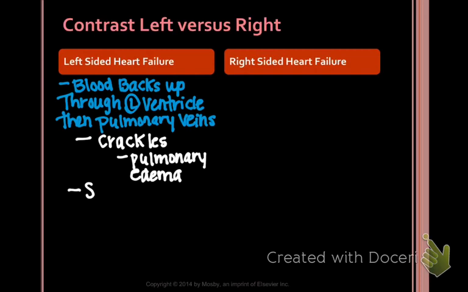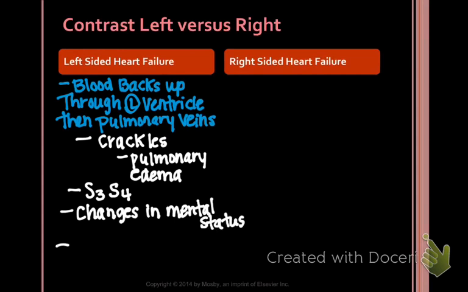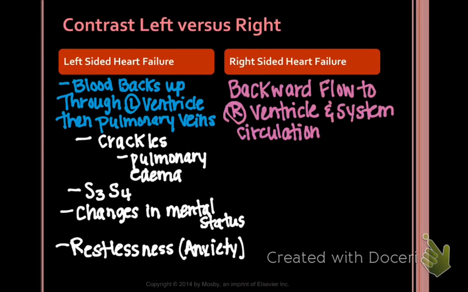You've got crackles, pulmonary edema, S3, S4, changes in mental status, restlessness, anxiety. Both sides probably have that. And then with right-sided heart failure, you're going to see backward flow to the right ventricle and the systemic circulation. So your whole systemic circulation.